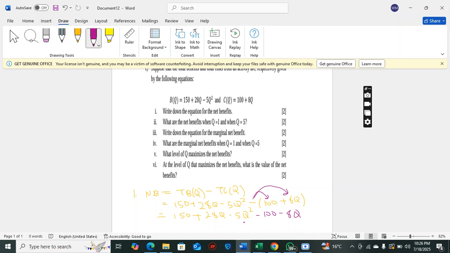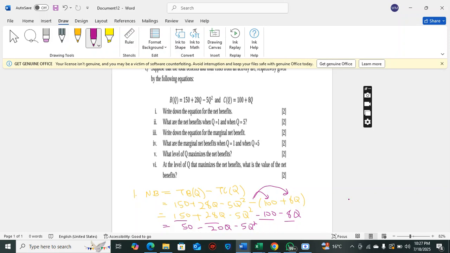So we just operate with like terms. 150 minus 100 gives us 50. 28q minus 8q gives us 20q. Minus 5q squared. This represents the net benefits, the benefits that remain after we take away the total cost.